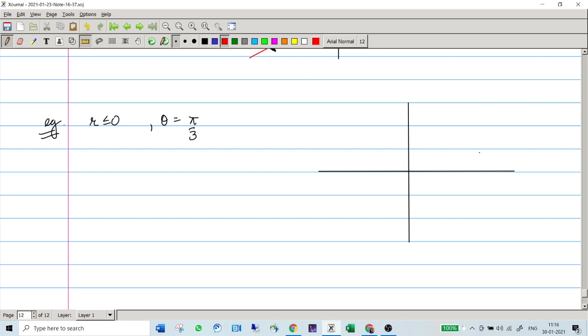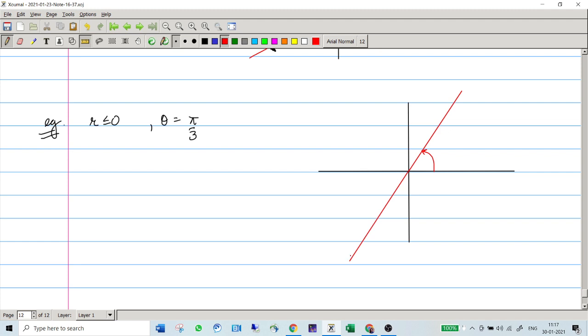So theta equal to pi by 3 means a line with angle pi by 3, only in the fourth quadrant. In the third quadrant, sorry, ma'am, third quadrant. Right? In the third quadrant. So this is your direction, the line.